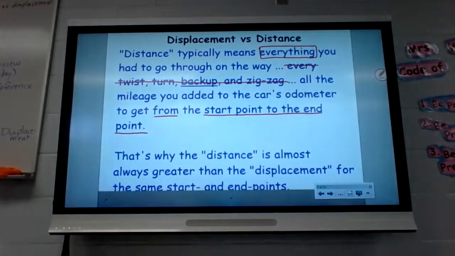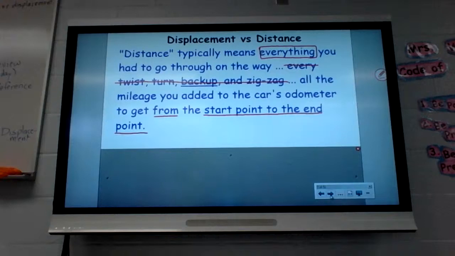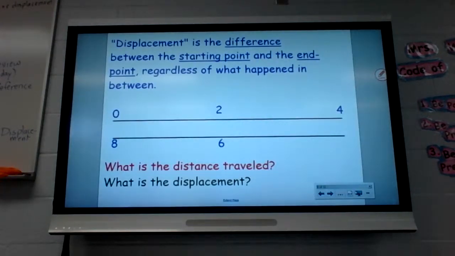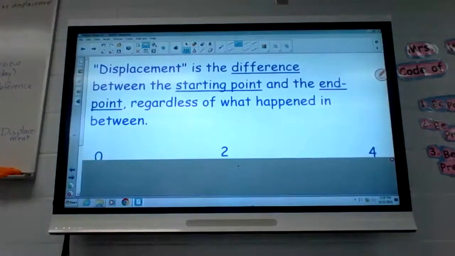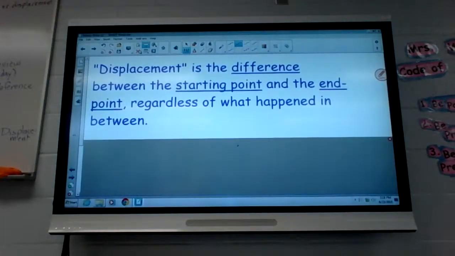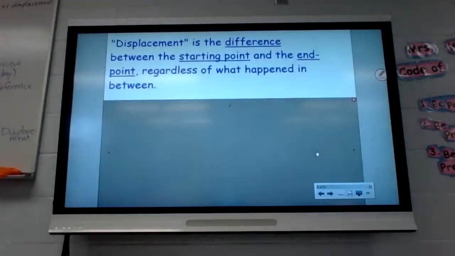Where's my displacement definition? Oh, there it is. All right, there's displacement.